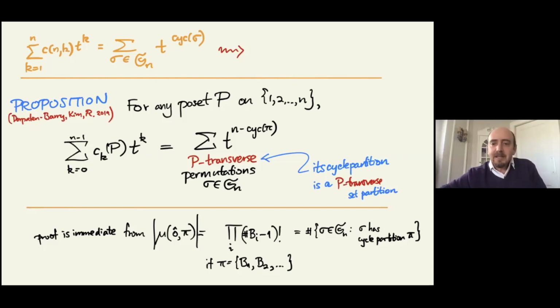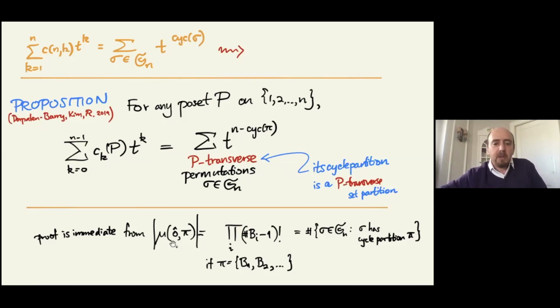And all it is, you insist that the permutation have its cycle partition (think of its cycles as giving you a set partition) be p-transverse. And then it's easy to see from the previous result that the Whitney numbers of the first kind for the poset are going to be keeping track of these p-transverse permutations according to their number of cycles.